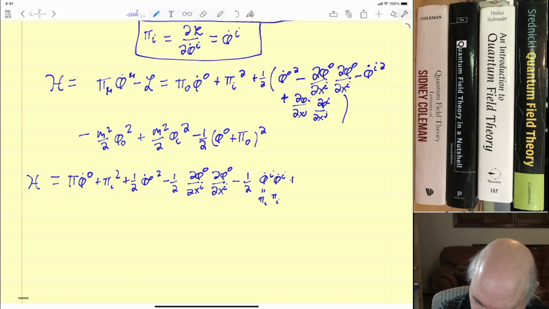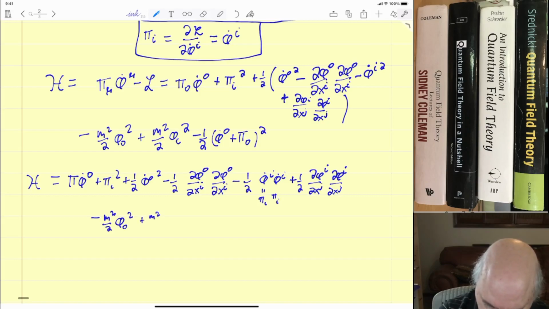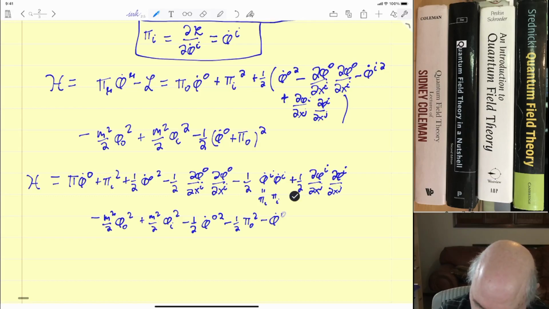Now I have plus 1/2 partial of phi I with respect to xj, partial of phi I with respect to xj, minus m squared over 2 phi 0 squared plus m squared over 2 phi I squared minus 1/2 phi dot 0 squared minus 1/2 pi 0 squared minus phi dot 0 pi 0.